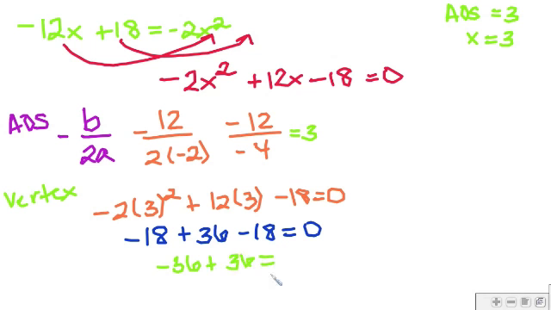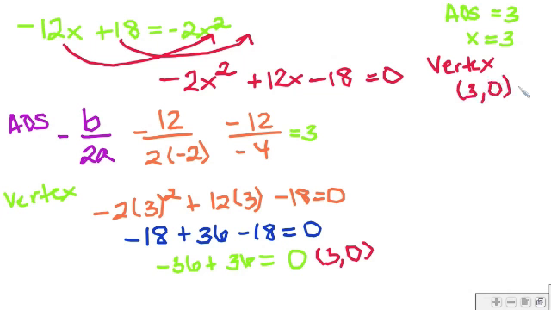Now these cancel, because you see these are opposite signs, which tells us that our vertex is 0, giving us the point 3, 0, because we put 3's in for the x's. So our vertex is going to be 3, 0, which is also going to be the first point that you put on your graph. Let's find those two other points.